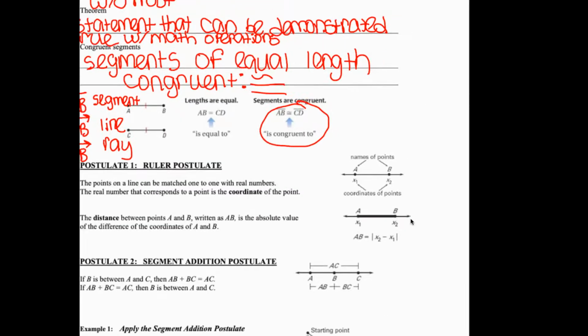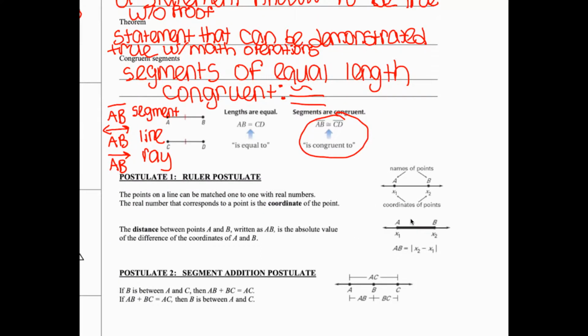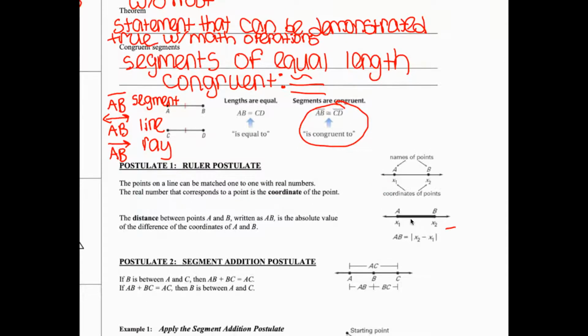Okay, so what we mean by that, I know that's a mouthful, is let's say that these had actual values. Let me try to get this to stop moving for you for a second. There we go. Okay, sorry about that. So let's say that x1 was like -7 or something like that, and x2 was 7.